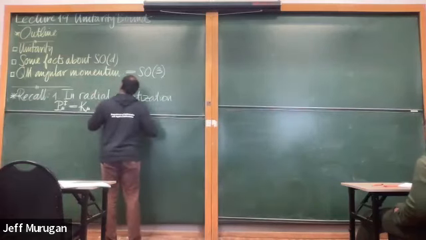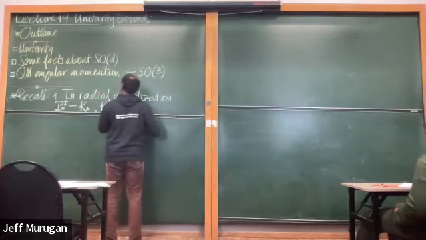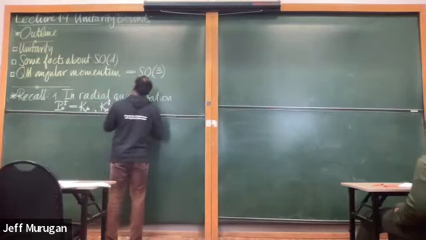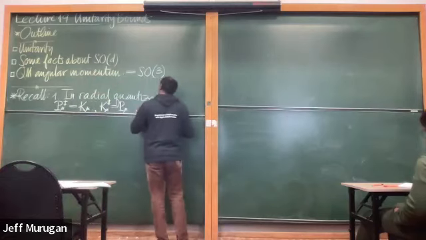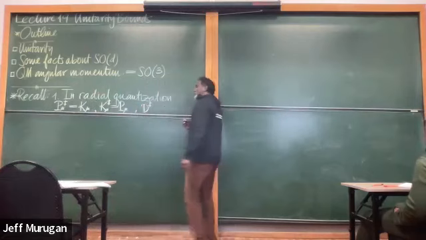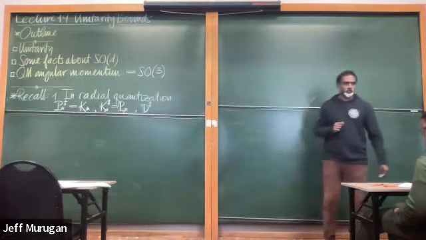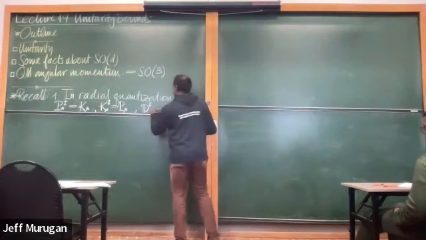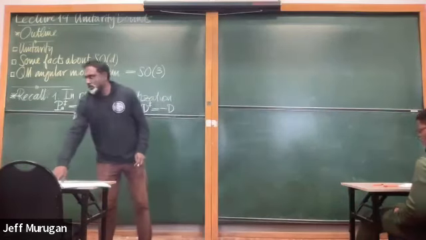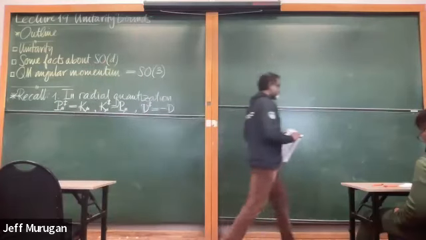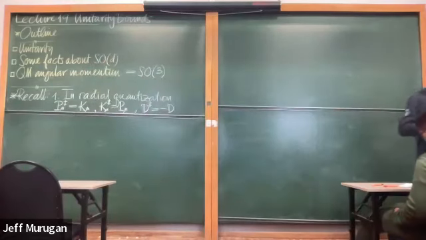Similarly, K nu conjugates to P nu, and the dilatation generator is anti-self-conjugate, so that D conjugates to minus D. Okay. That's point number one.